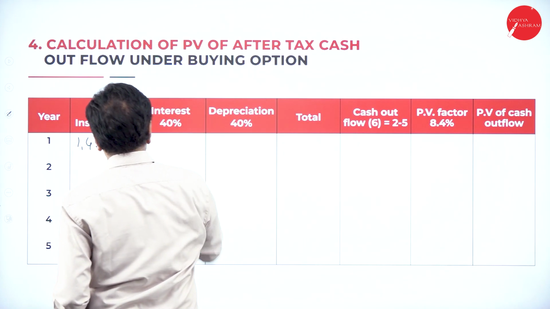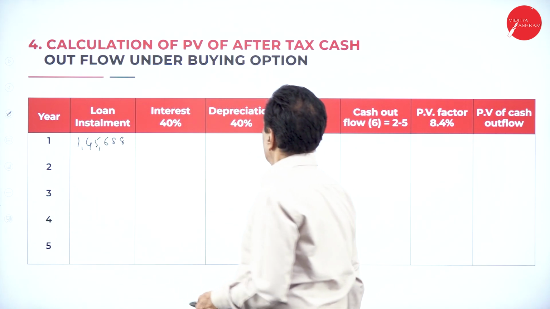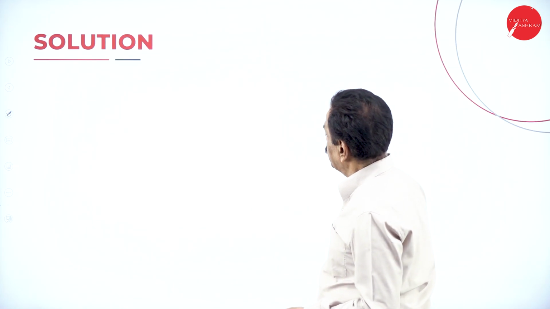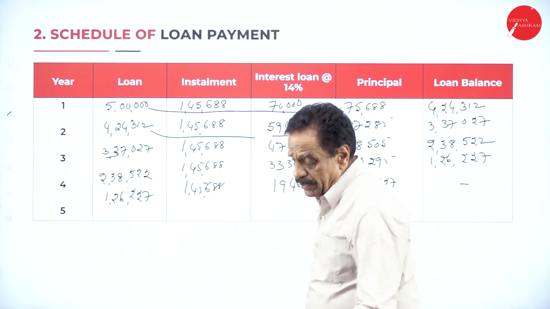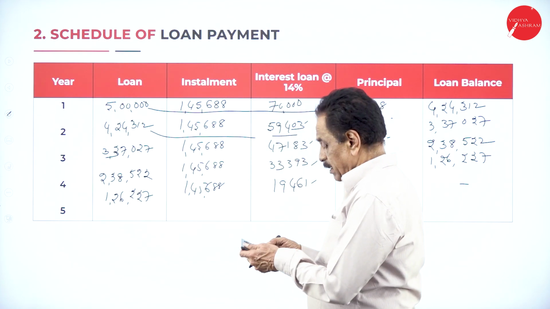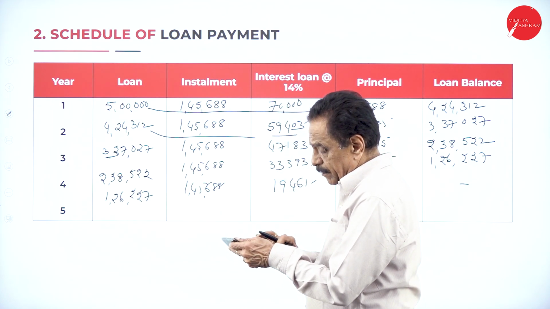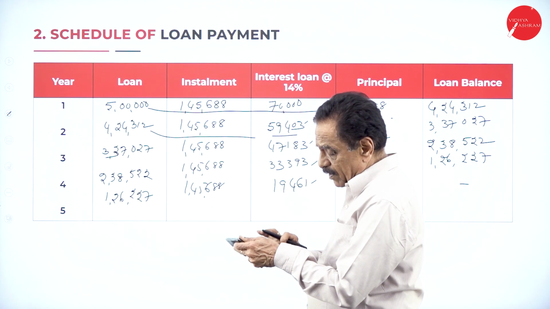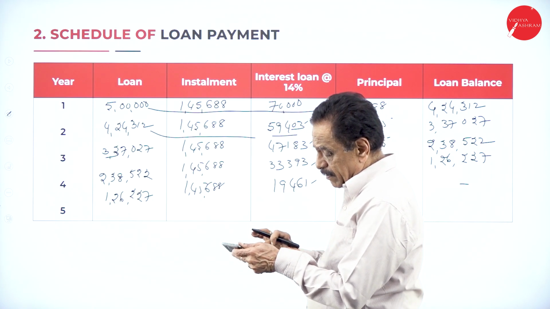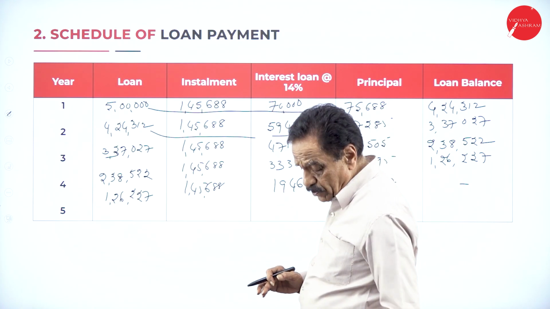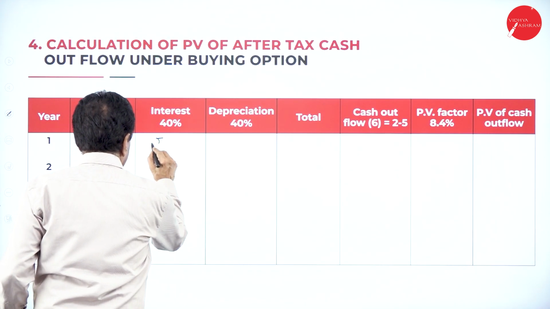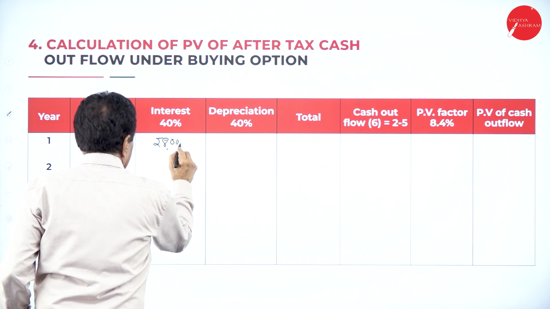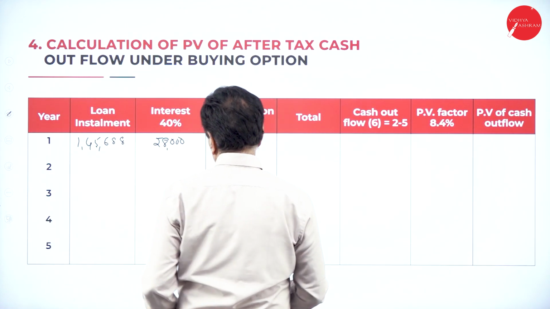Calculation of after-tax cash outflows here. Okay. So find out what's your first year interest. 70,000 on that 40%: 70,000 into 40 divided by 100. We have saved 28,000. So depreciation is 1 lakh.